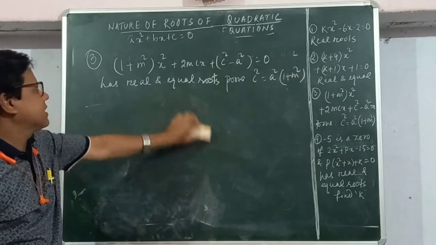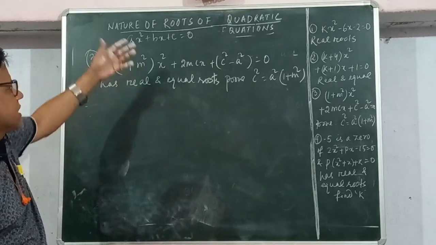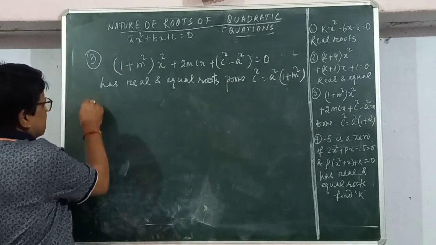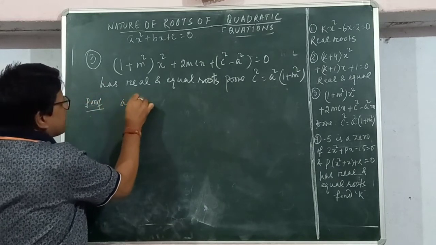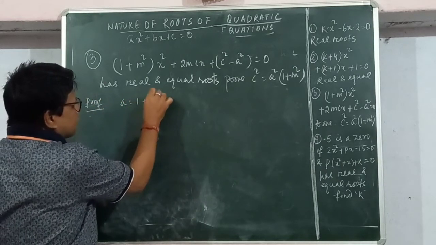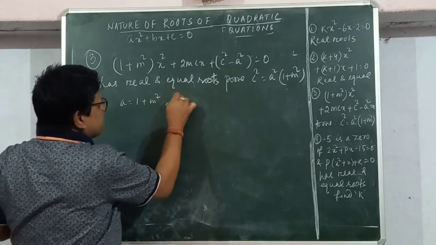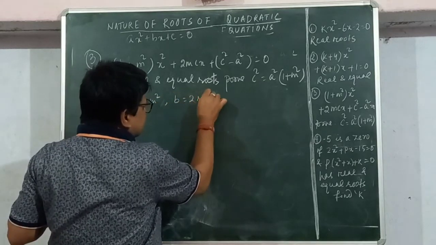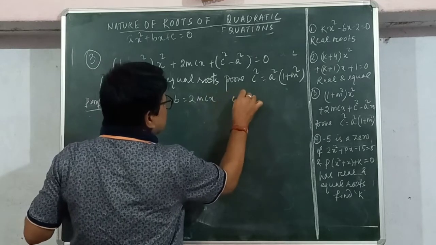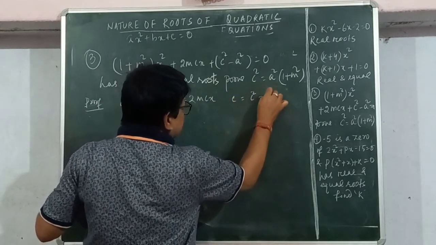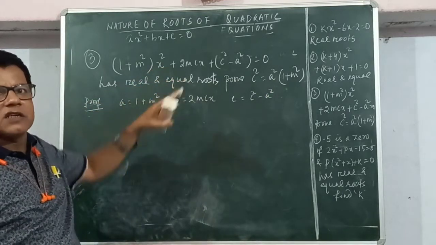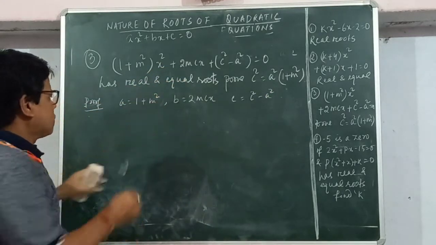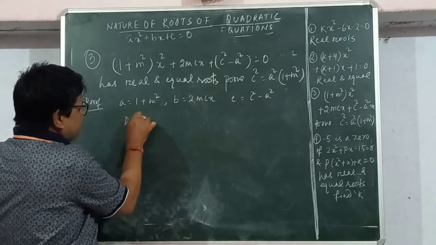So now the quadratic equation we compare with the general form. When we compare with the general form, a is equal to 1 plus m square, b is equal to 2mc, c is equal to c square minus a square. As it is given, the quadratic equation has real and equal roots, so the discriminant is 0.